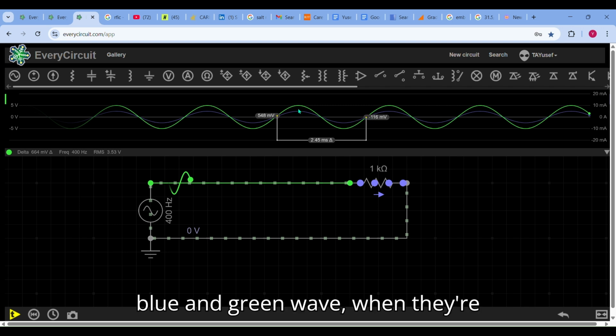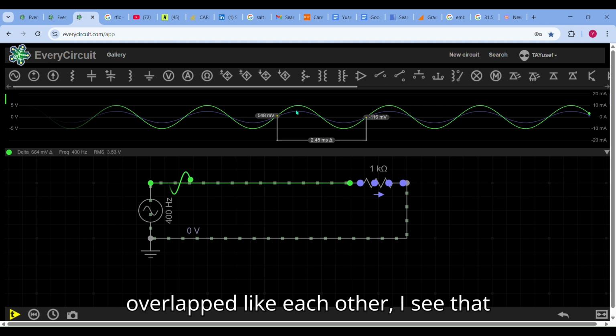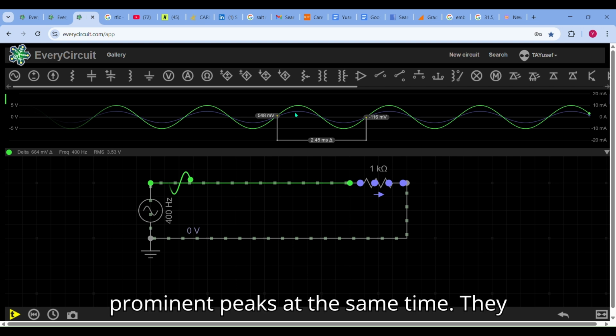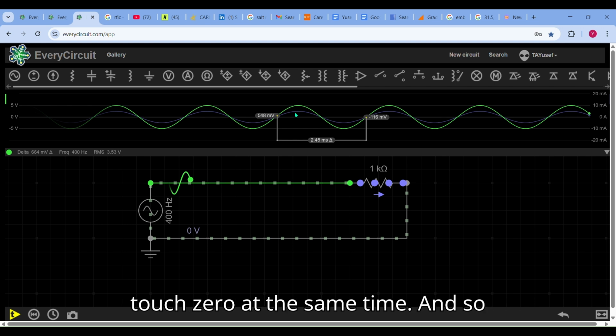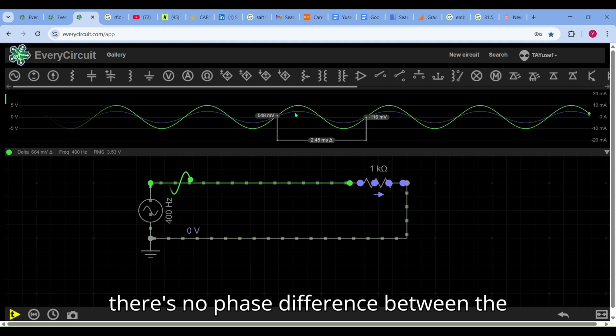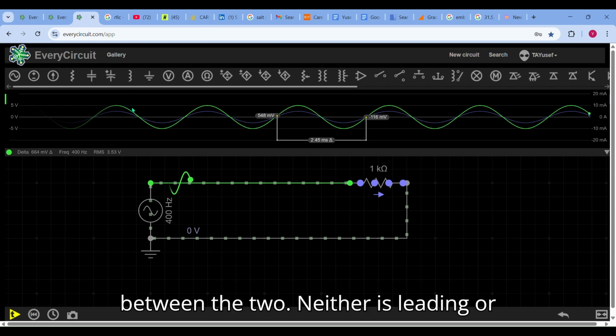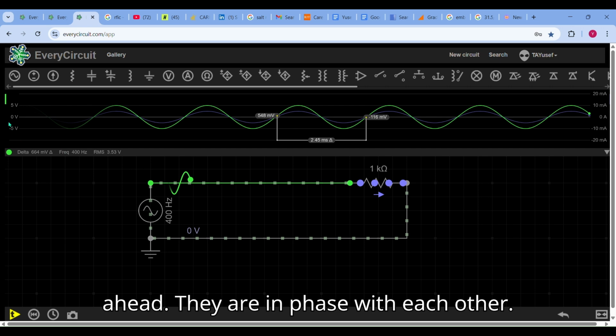I see that my blue and green waves, when they're overlapped, are in phase. They reach their peaks at the same time. They touch 0 at the same time. And so there's no phase difference between the two. There is a 0-degree phase difference between the two. Neither is leading or ahead. They are in phase with each other.